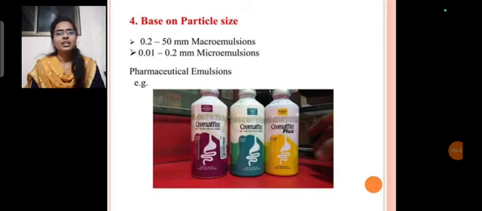An example is the pharmaceutical emulsion Gelocil.